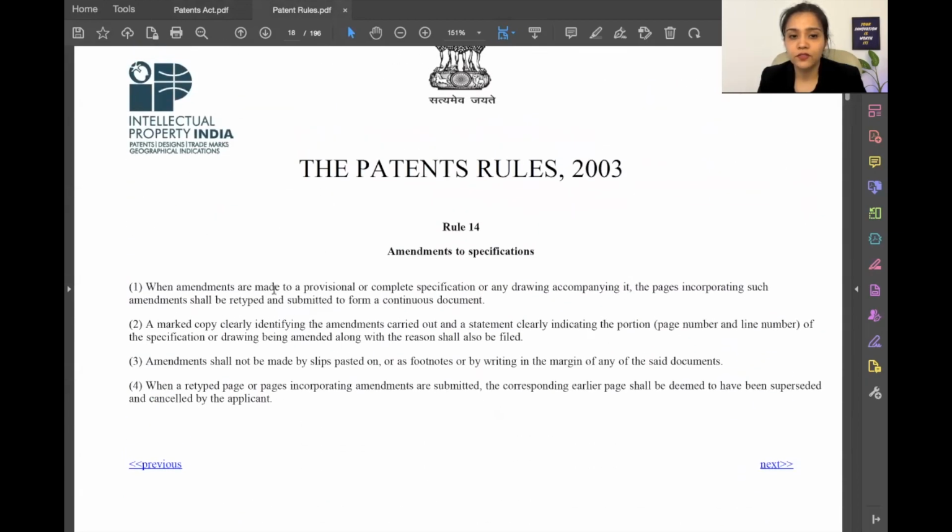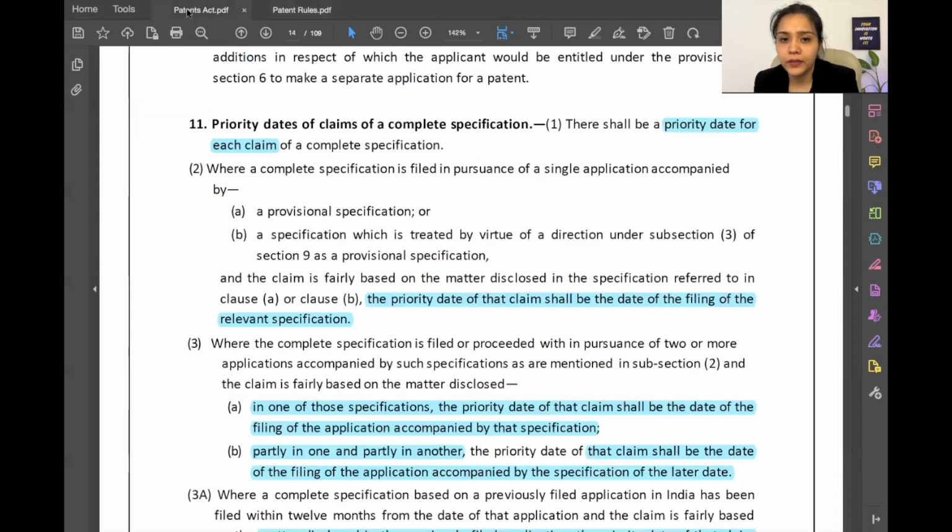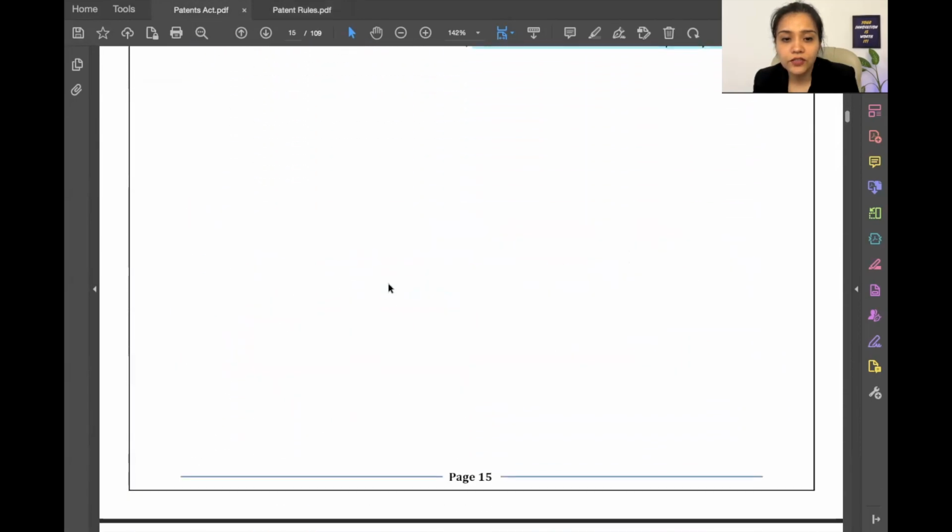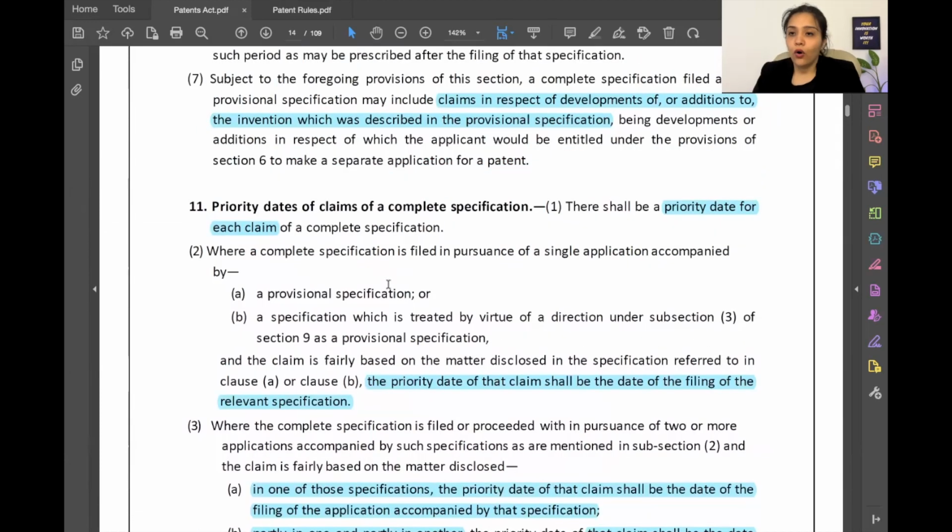Why? Because this specifically relates to amendment of specification that we'll study in one of the lectures when we study sections related to amendments. So next we have section 11. Mostly situation-based questions in the objective paper come from this section, and that's why this section is very important.